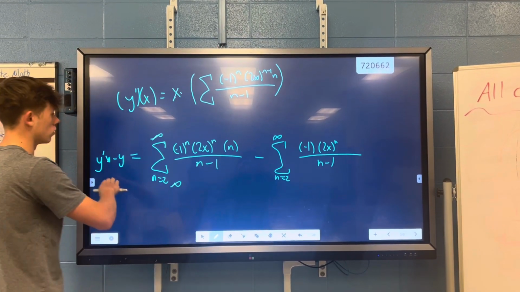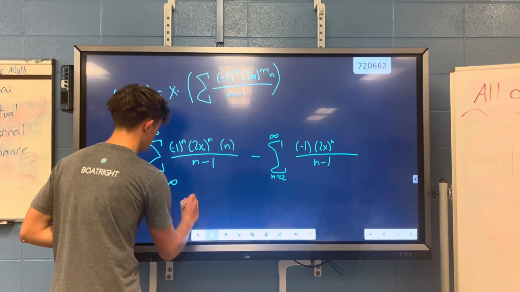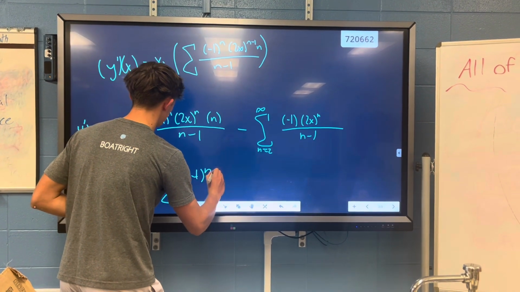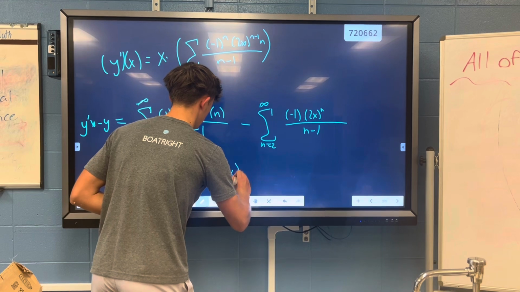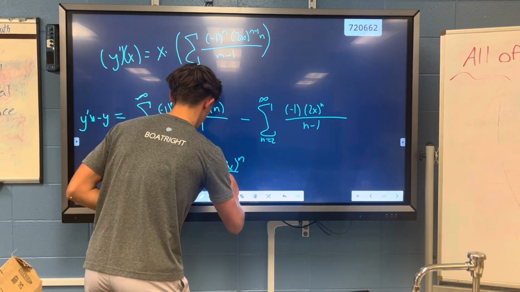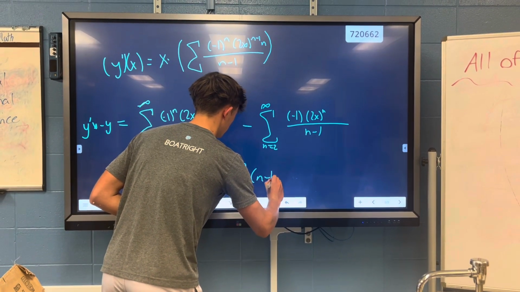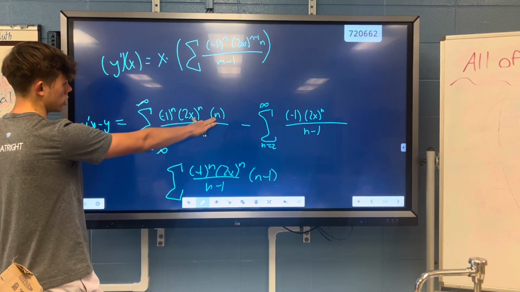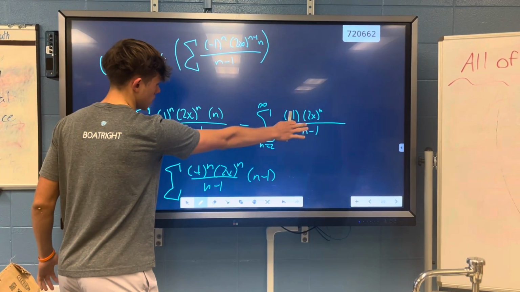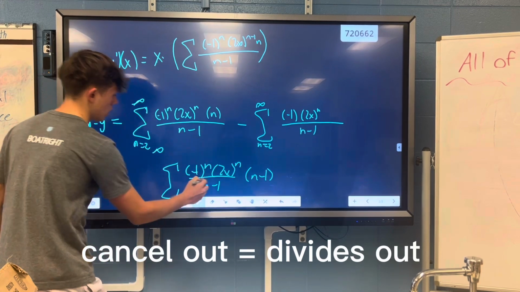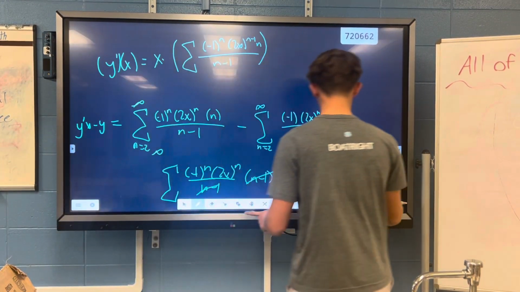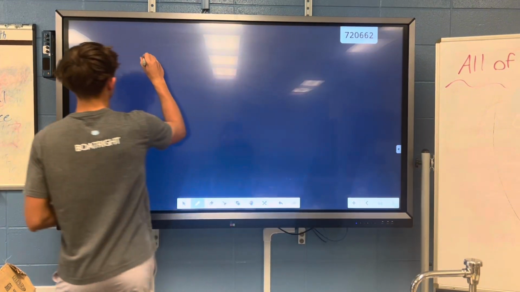Then combining those summations and factoring out like terms, you can have 2x to the n over n minus 1 times n minus 1, because this whole thing will just be left with the n once you factor out, and this will only be left with the minus 1. Then you cancel out your n minus 1 and your n minus 1.